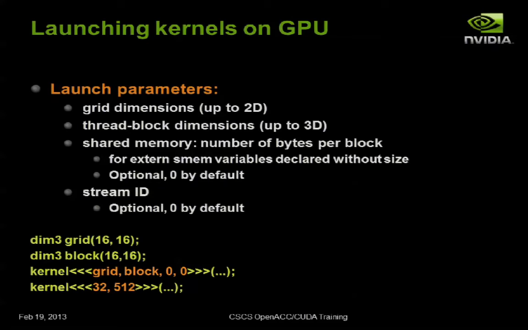We'll skip them for the moment, but just in case you stumble across a kernel launch that carries more arguments. The third one is the amount of shared memory that is used by each one of the blocks in case the amount of shared memory is not determined at compile time.